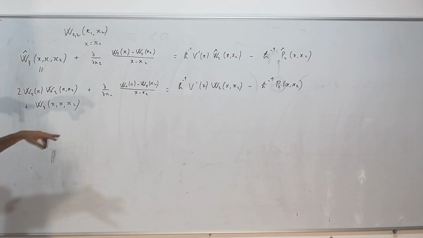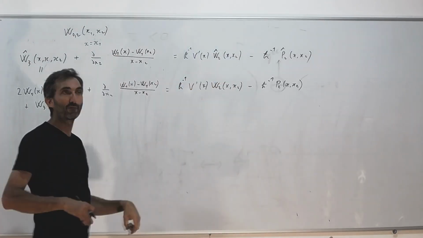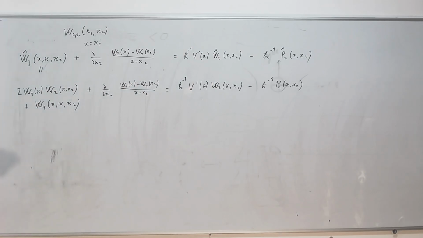And here also you have a W1 of x times W1 of x2. And using the fact that you know the equation for W1, all these terms go away. And basically, the only ones that don't go away are the ones where x and x2 appear together inside a function. All right, so this is the equation.